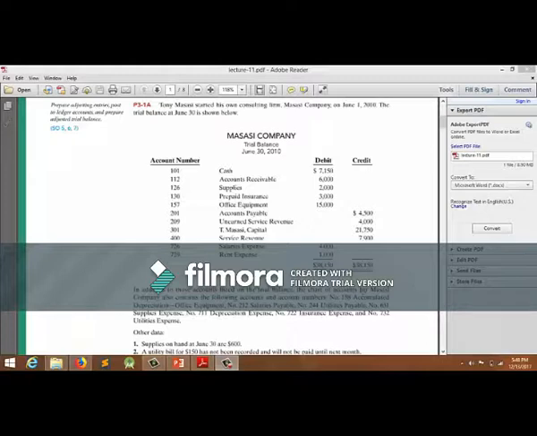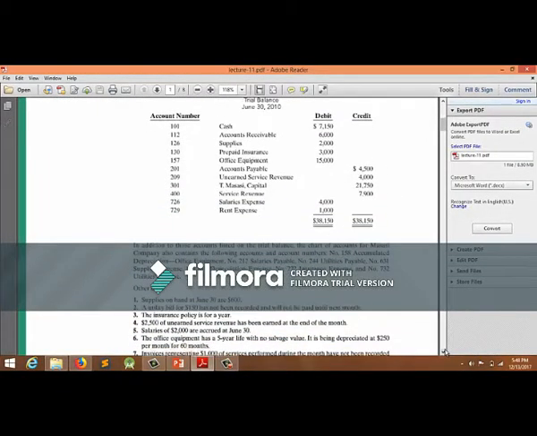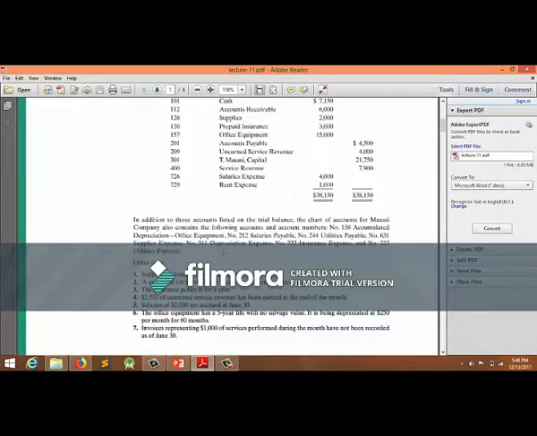For better understanding of adjusting ledger and adjusted trial balance, we are going to do a math problem now. Here, a problem is given about Masashi company. The unadjusted trial balance is given, and some transactions are also given that we have to adjust first.